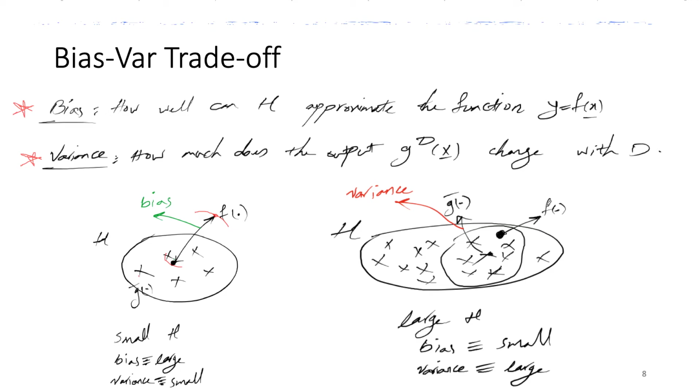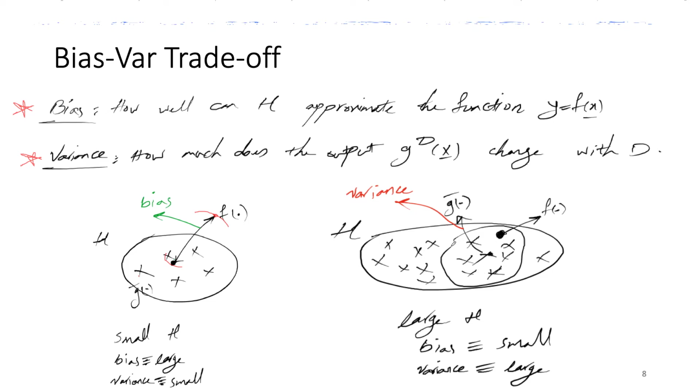Now you see that you're pretty close to your unknown function because you have a larger hypothesis set. The chances are higher that it covers more points, and it generalizes better with your unknown output. So your bias would be smaller, obviously.